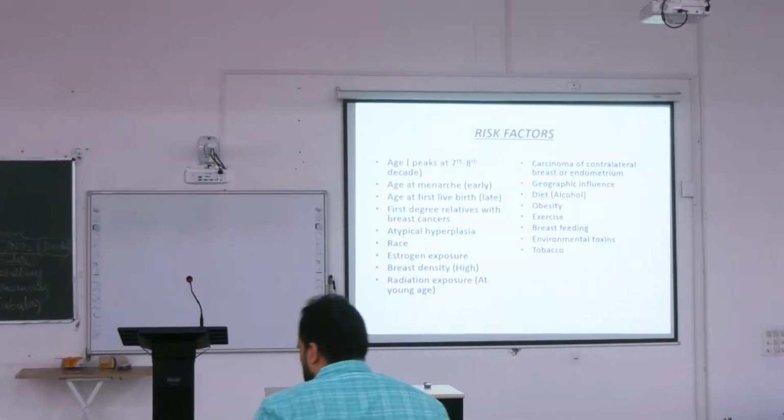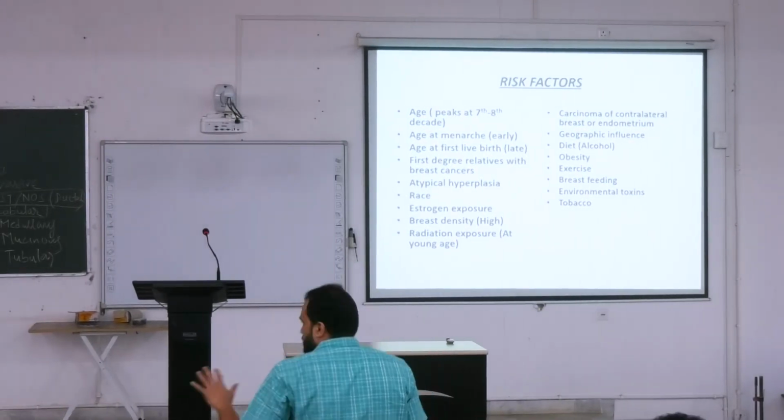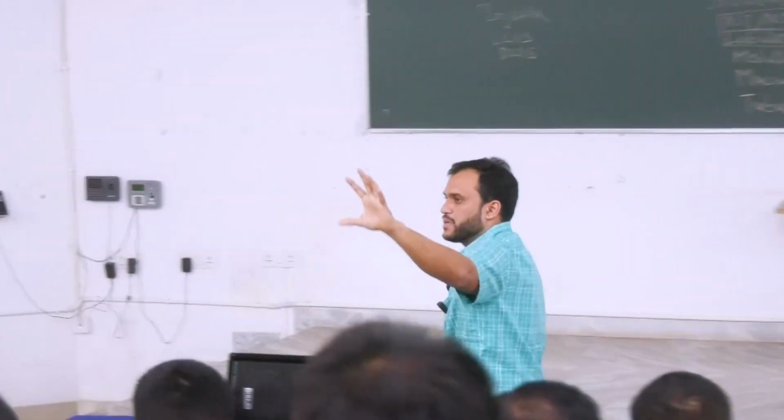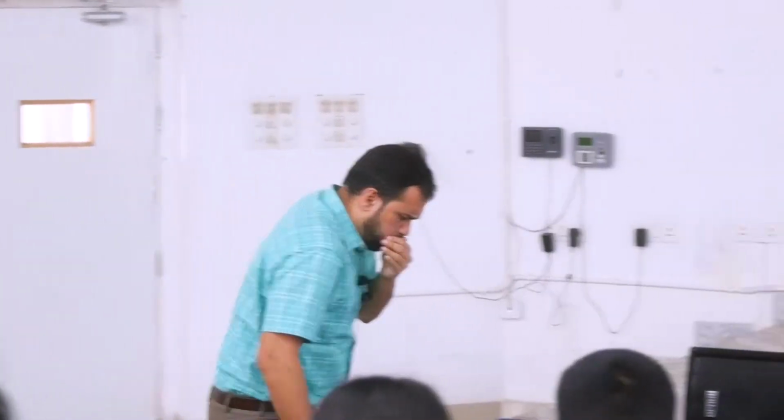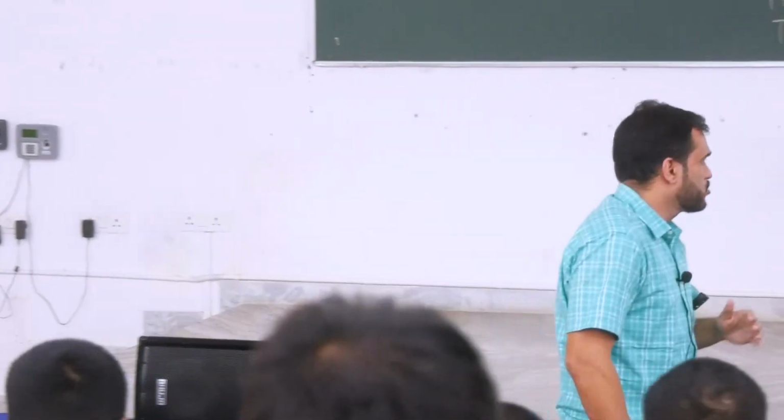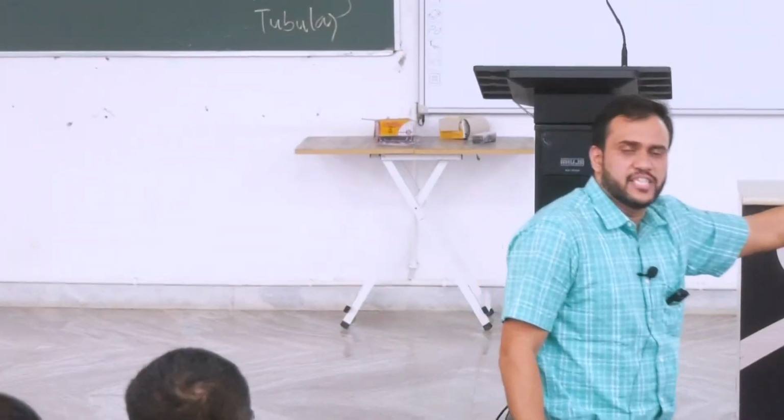Coming to atypical hyperplasia. Atypical hyperplasia means, how many layers are there in the breast? Maybe one layer of luminal cells and below it is a myoepithelial cell. But when there is hyperplasia, more than 3-4 layers, there's proliferation of the cells and they undergo atypical changes.